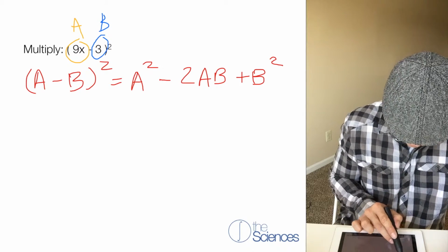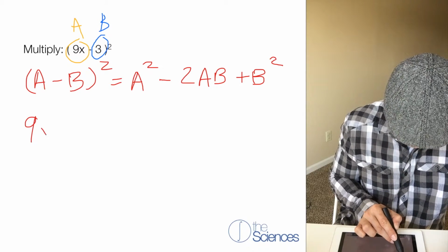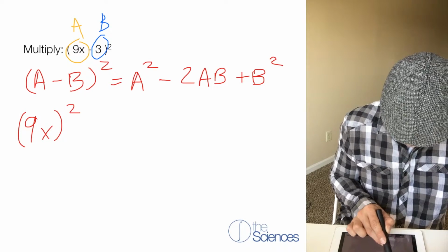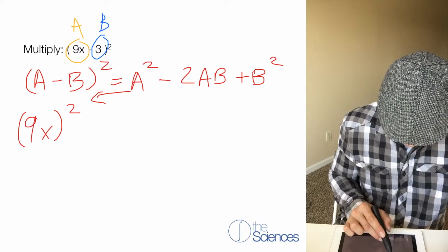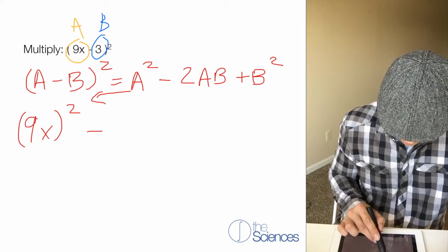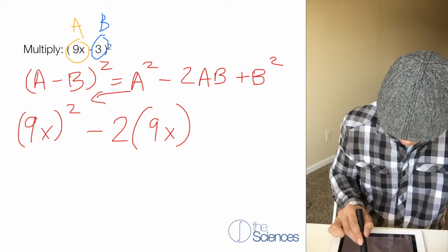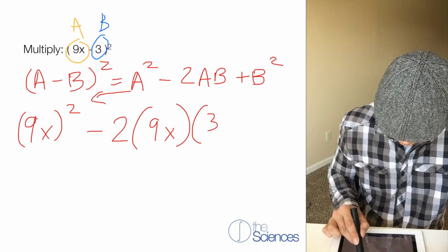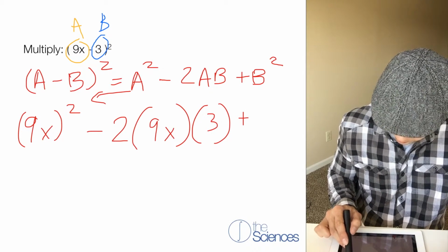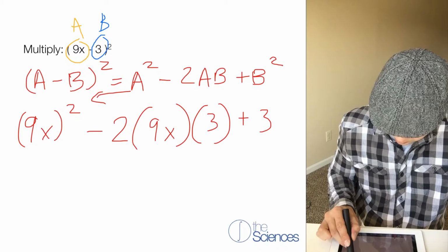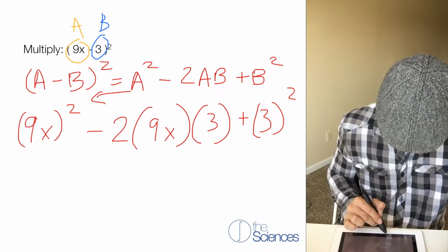So now we can substitute that. We have 9x squared for a squared, minus 2a, which is 9x, times b, which is 3, plus b squared, which is 3 squared.